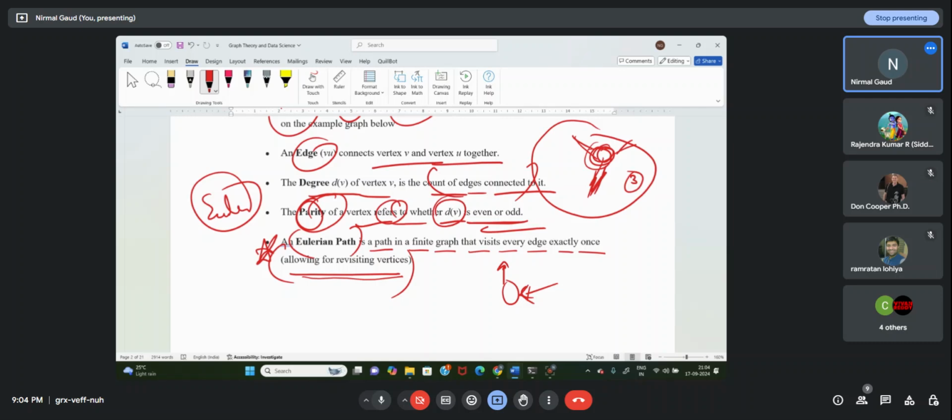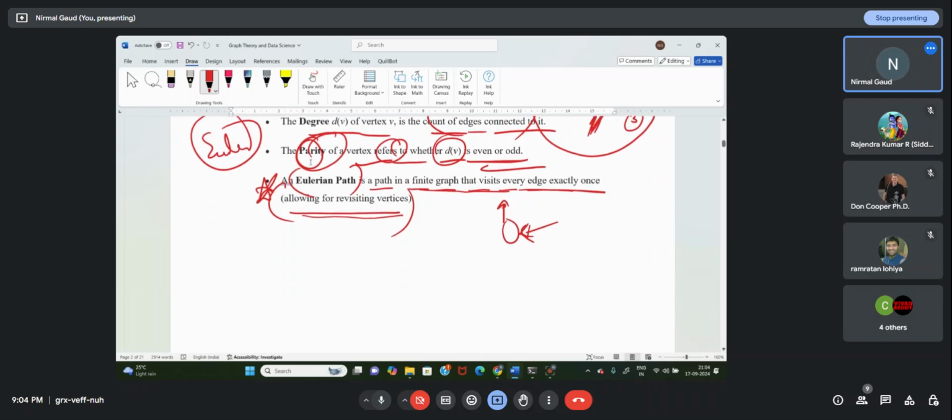You can revisit the vertex, but every edge exactly once. Edges once, but revisiting of the vertex is there. So now, this could be a Euler path.